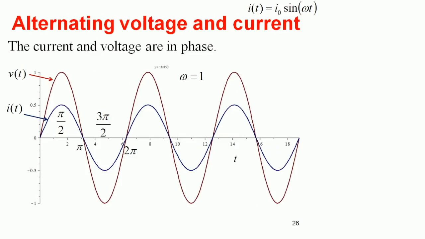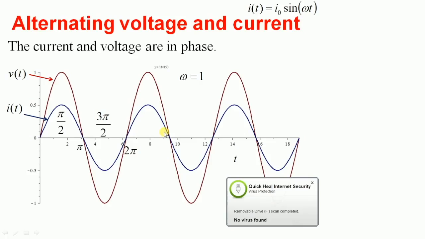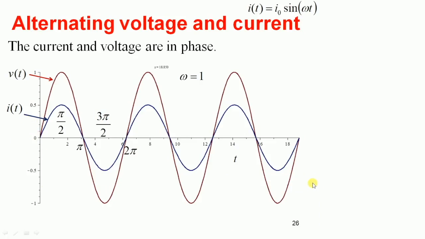So alternating current and alternating voltage, we are trying to look at the same time, and I preferred omega equal to 1. So here you can see that the red line indicates the sinusoidal instantaneous value of voltage, which is fluctuating about time axis, and current is being shown by a blue line, wherein the amplitude of the current I have shown little smaller than the voltage amplitude, just to distinguish.